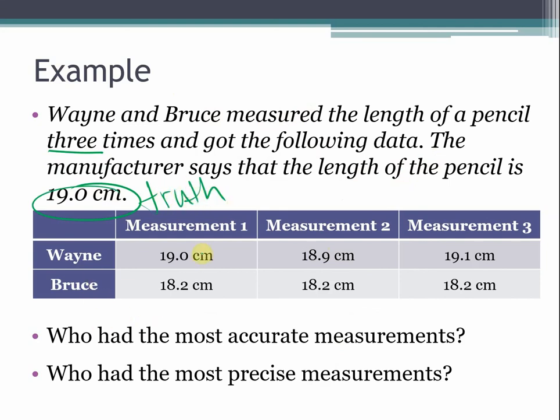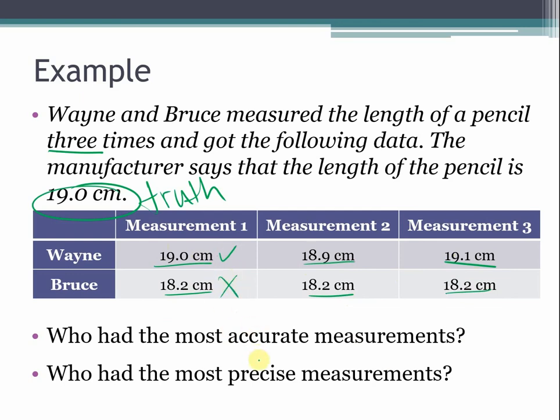So then if we go ahead and look at their measurements, Wayne got 19.0, 18.9, and 19.1. Bruce got 18.2, and then 18.2 again, and then 18.2 again. So looking at each measurement, in measurement 1, Wayne was quite a bit closer. Wayne actually hit the accepted value.